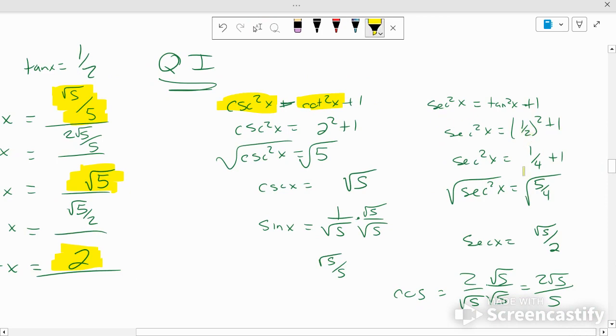So 1/2 squared plus 1, or 1/4 plus 1 is 5/4, so secant is the square root of 5 over 2. So secant of x equals the square root of 5 over 2. And the cosine of that is the reciprocal of that, which is 2 square root of 5 over 5. Since it's in quadrant 1, they are all positive.